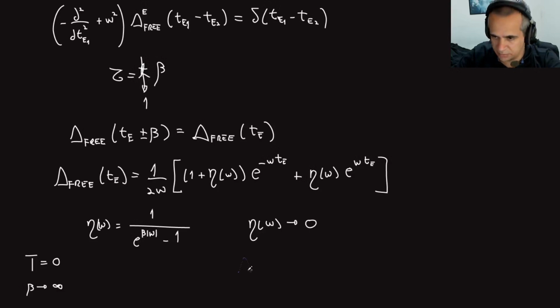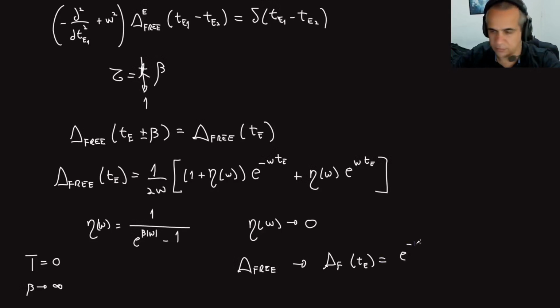and the free propagator goes to that delta F we have figured out before, which is 1 over 2 omega. Right?